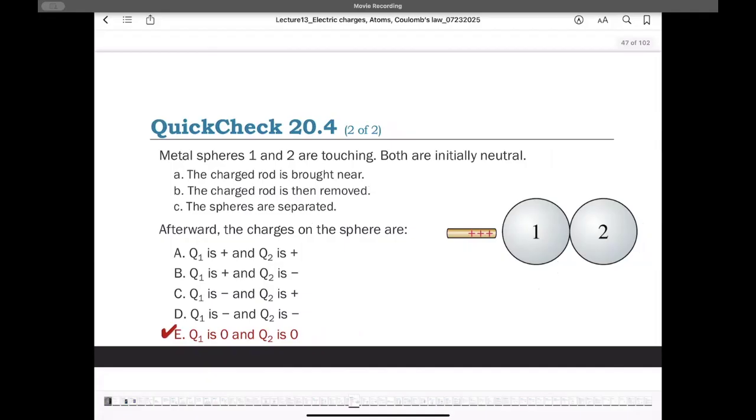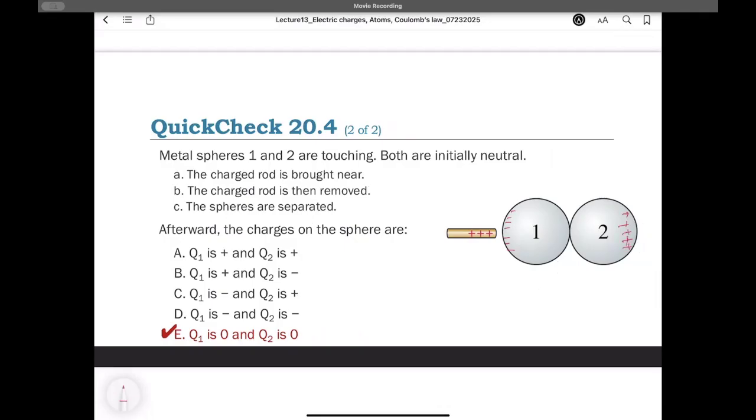Let me explain one more time, to make it clear. When the rod is brought near, those two metals will have the polarization situation. The negative charges will be here, positive will be here.